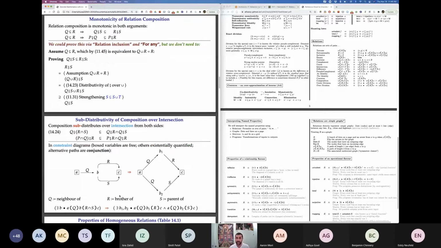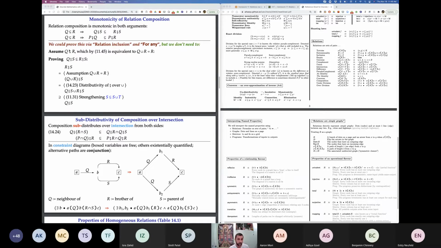So and as you've seen before, multiplication is monotonic, conjunction, meets, joins, or many operations are monotonic, and likewise composition is monotonic. So there is an interesting thing here.